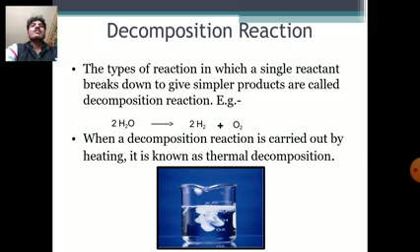When 2FeSO4, the ferrous sulfate, is heated, it is converted into ferric oxide: 2FeSO4 is converted into Fe2O3 plus SO2 plus SO3. In this reaction, you can observe that a single reactant breaks down to give simpler products. This is the decomposition reaction.